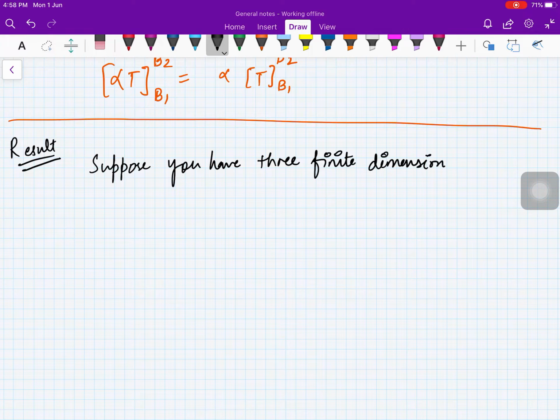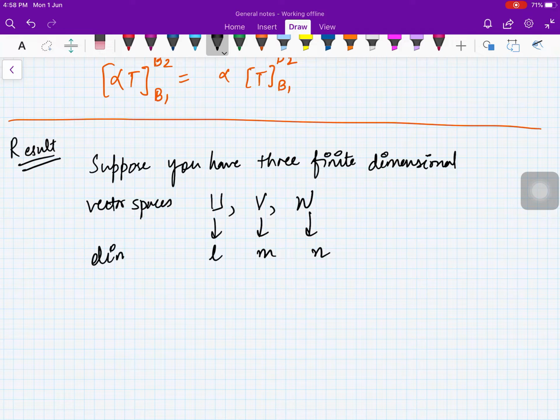Say U, V and W, and let us suppose this is L dimensional, this is M dimensional, this is N dimensional. So this is the dimension, right? And suppose its basis is B1, its basis is B2, its basis is B3. So this is what we are supposing.